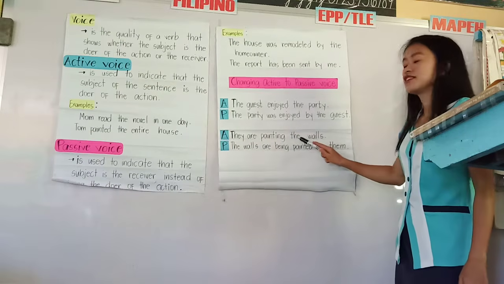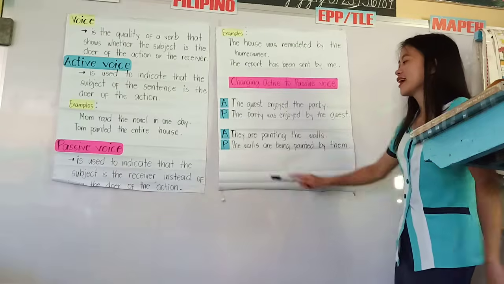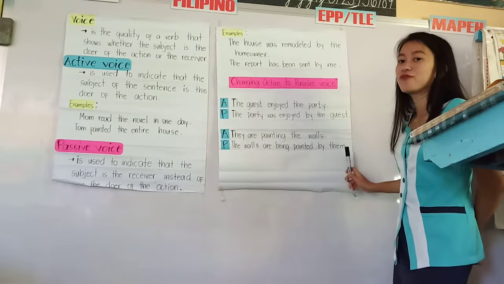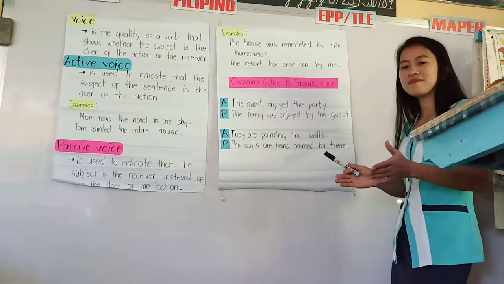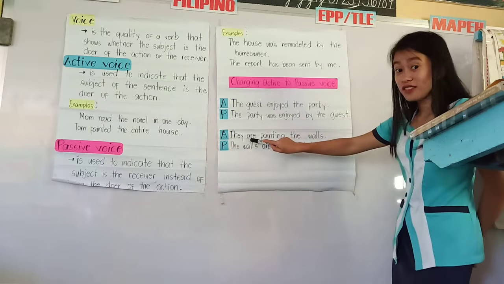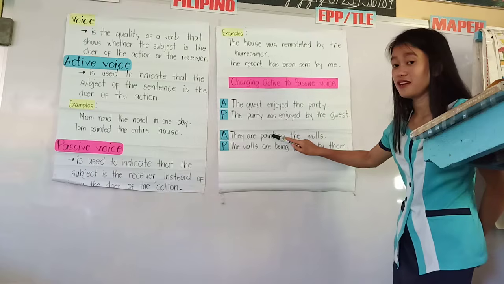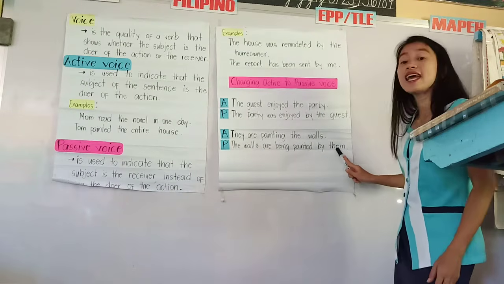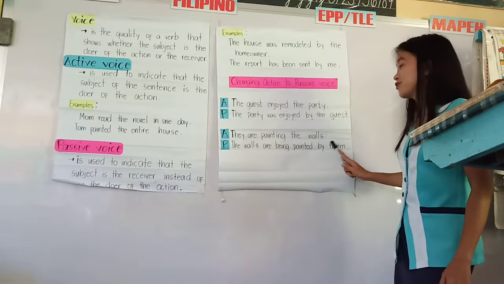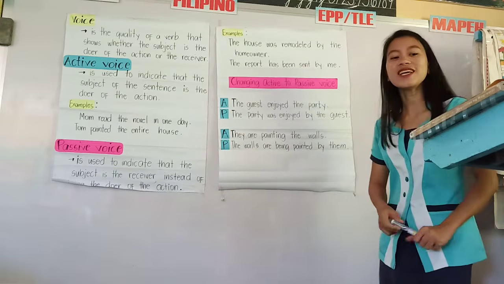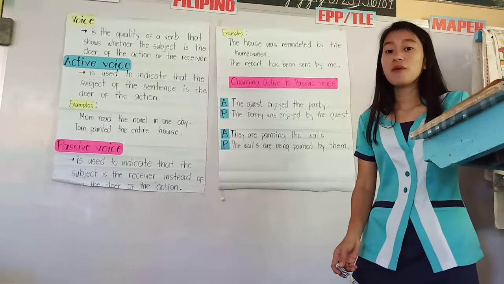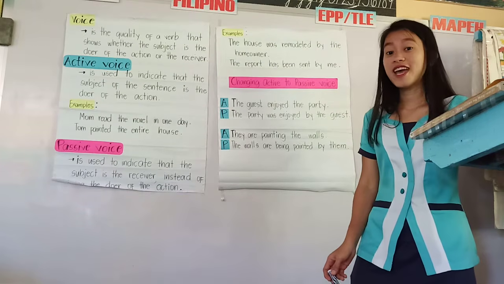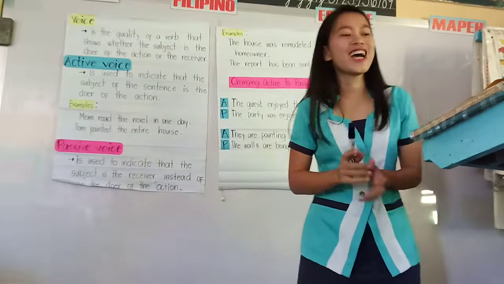They are painting the walls for active voice, and the walls are being painted by them for the passive voice. Same, the subject is written before the action in active voice, while in the passive voice, the subject is written after the action. So is it clear about active and passive voice?